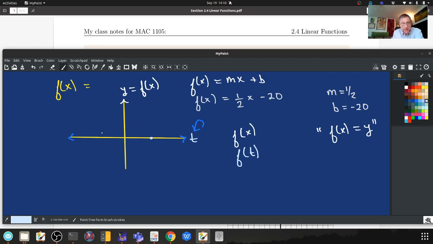And if this is a function, let me just draw a linear function. So that's a linear function. That's a line, it goes straight on. I'm not going to give it numbers, I'm just going to talk about it in the abstract.